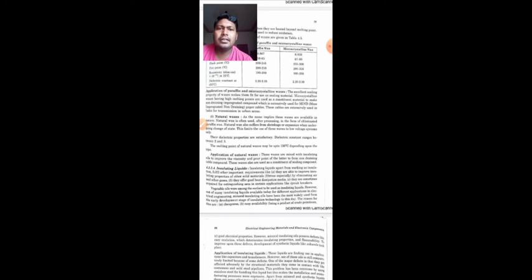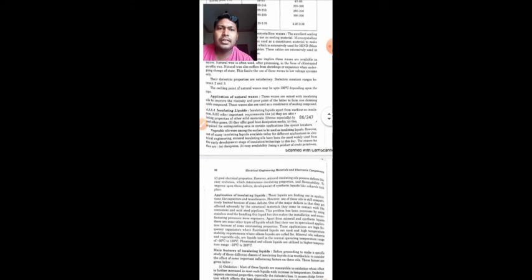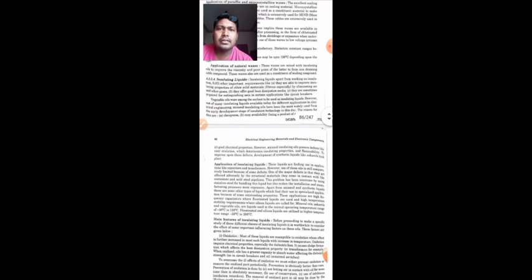Now, insulating liquids. Insulating liquids, apart from working as insulation, fulfill other important requirements. They are able to improve insulating properties of other solid materials by eliminating air and other gaps. They offer a good heat dissipation medium.